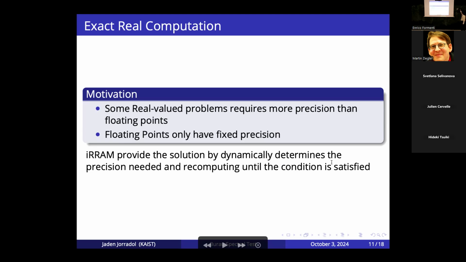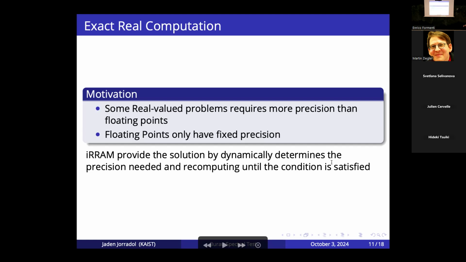So if the precision is only fixed, then there could be some eigenvalues which are in the zone, but the precision does not reach the full test that it is in the zone. So you cannot find the obstruction of that braid, in which iRRAM comes in and solves this.